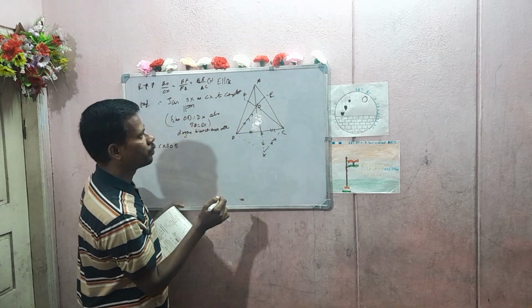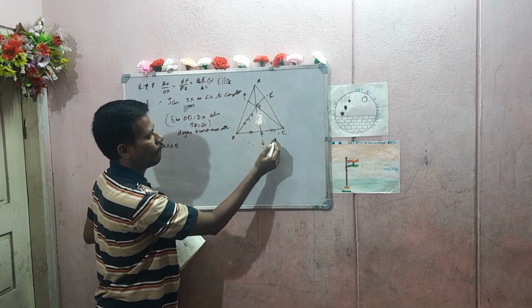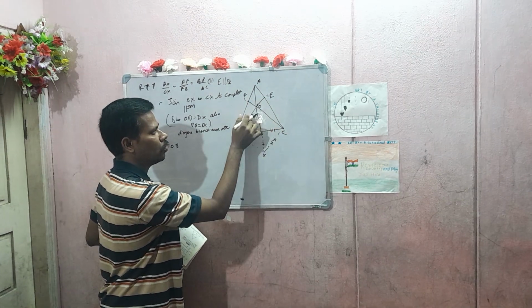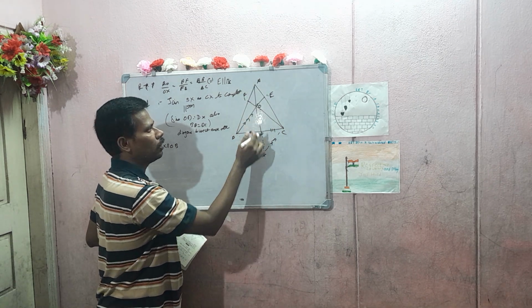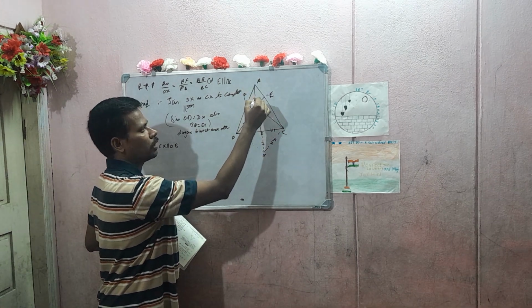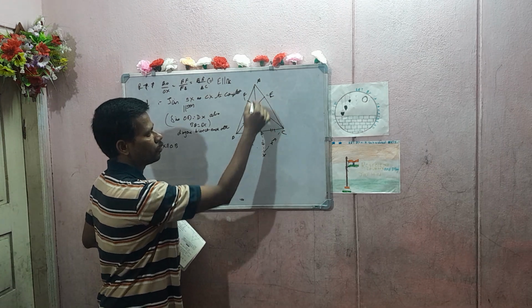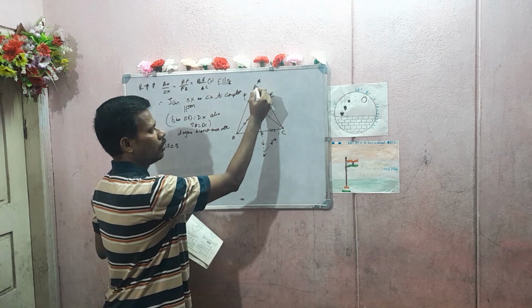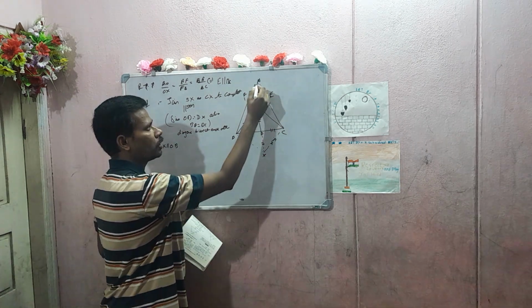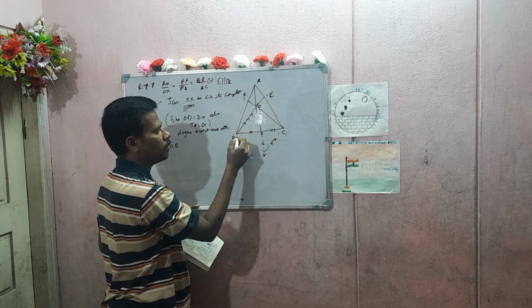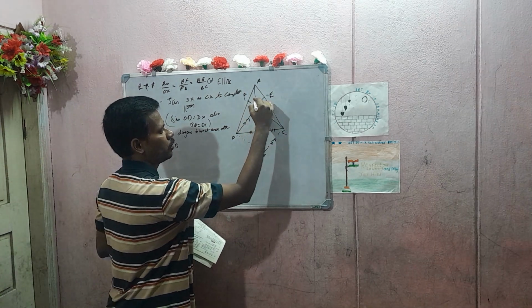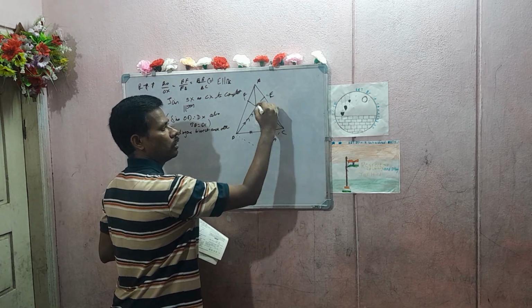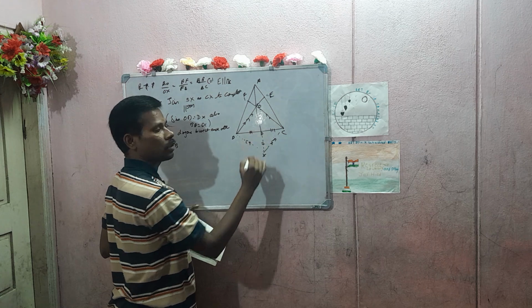Now consider this triangle ABX. CX is parallel to OB. Another way, CO is parallel to BX, right?